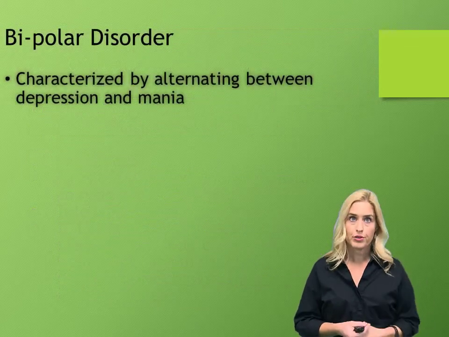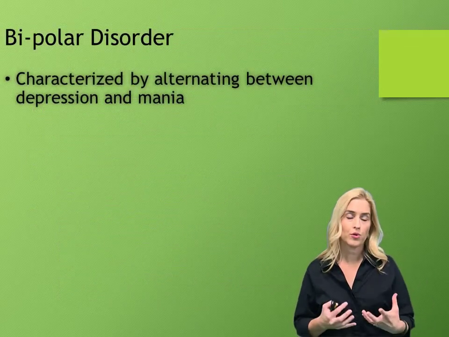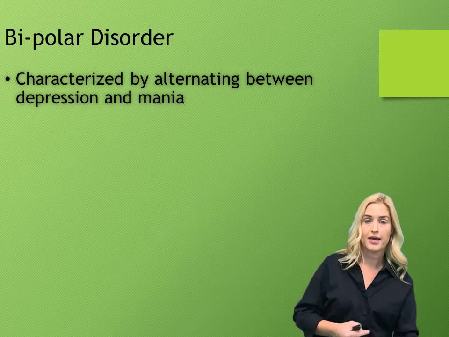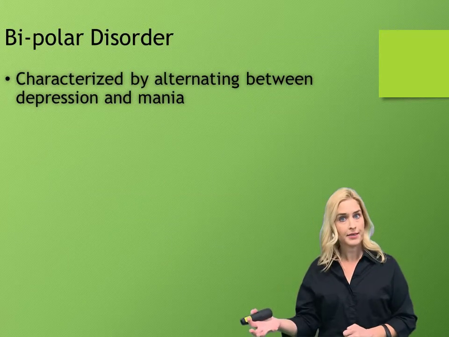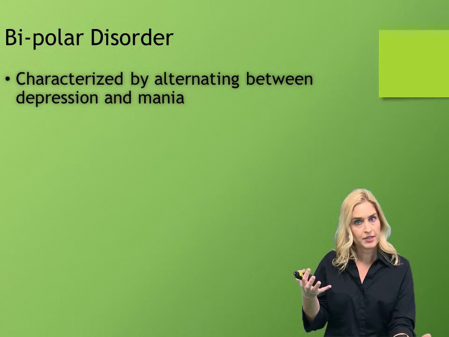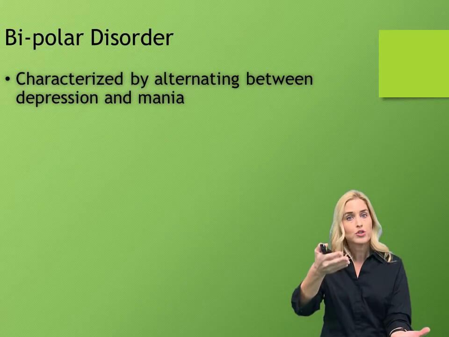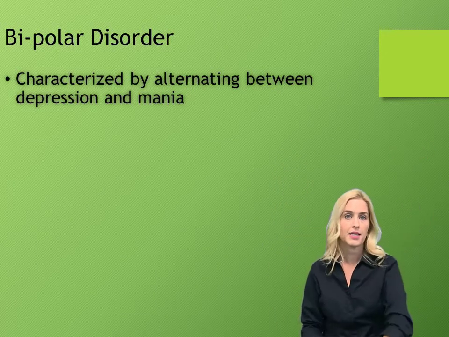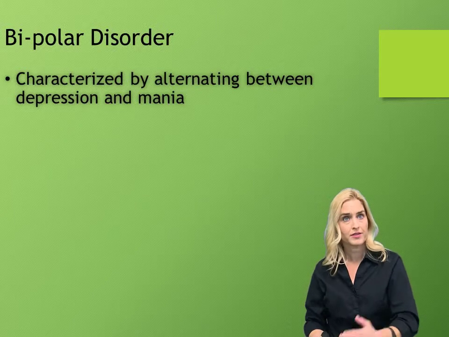Now, with bipolar disorder, we're looking at a disorder that is characterized by depression, what we just looked at, as well as mania. So we would see an individual go through a depressive state and then sometimes go into a normal state or flip into mania, or the opposite. They're in a manic state and go down into a depressive state.